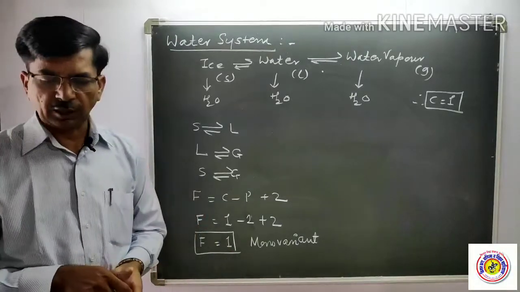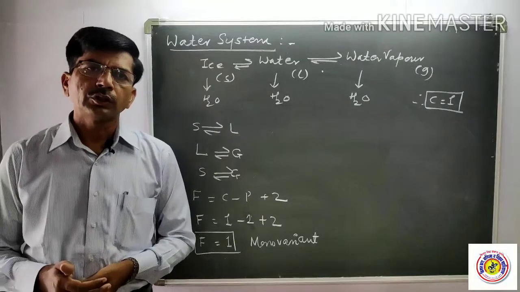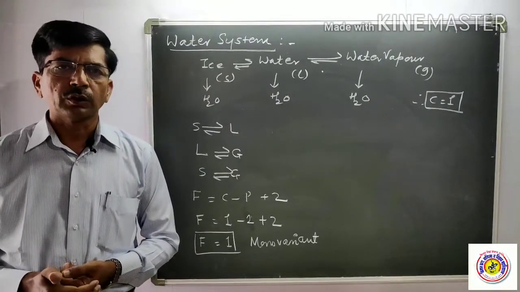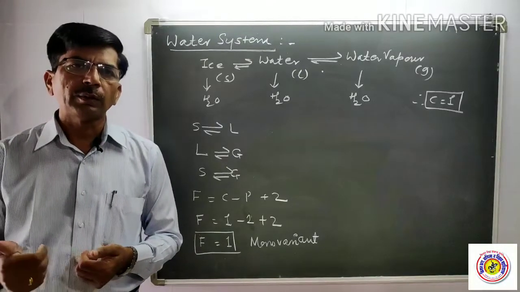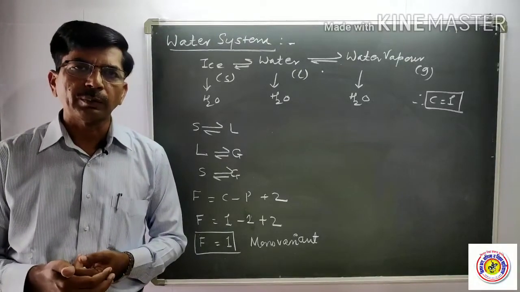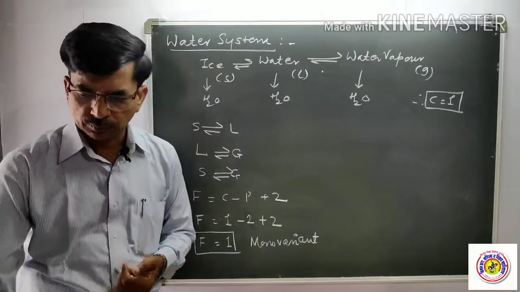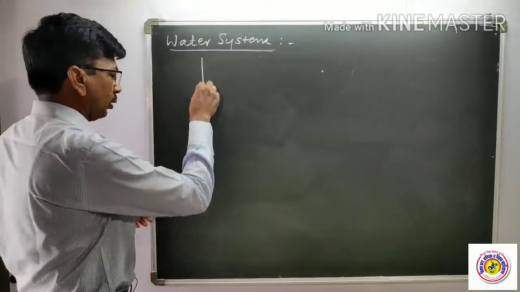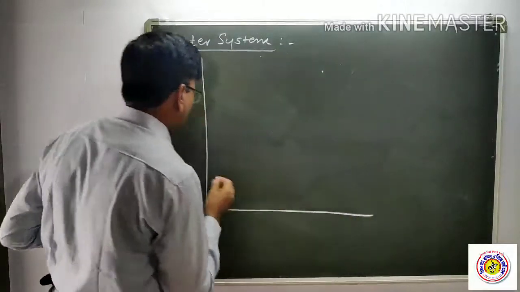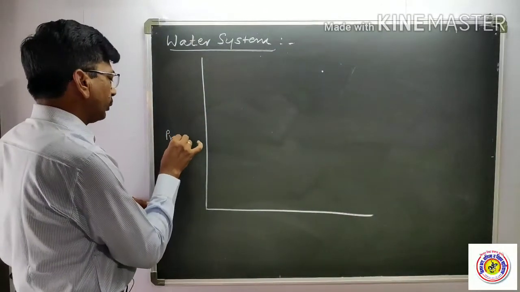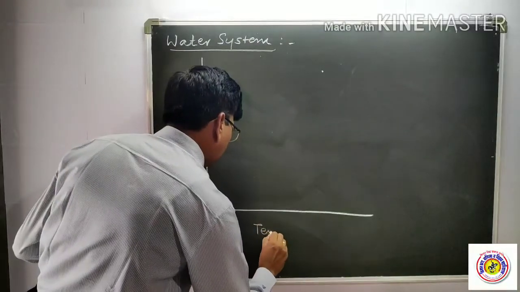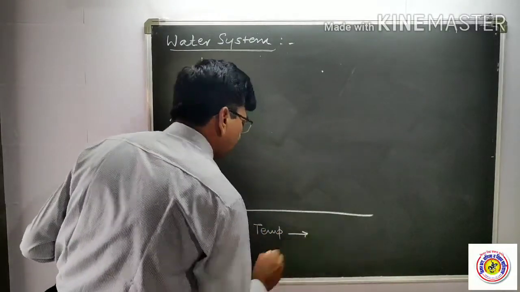Now we see the phase diagram. The phase diagram is the graph of pressure versus temperature, representing the equilibria and the relationship between the equilibria in the water system. For this phase diagram, pressure is taken on the y-axis and temperature on the x-axis.